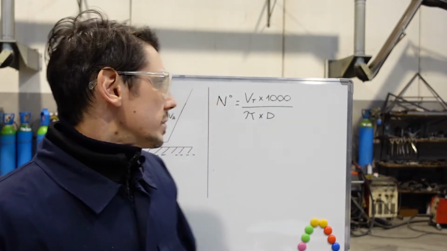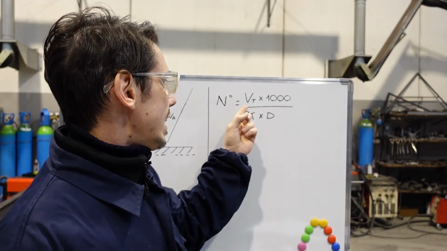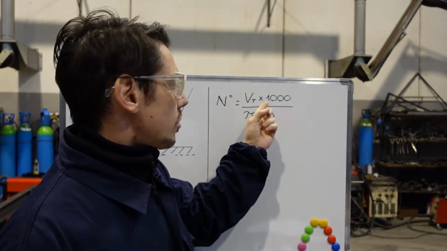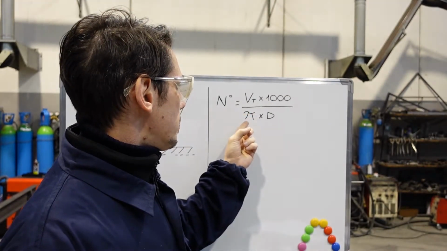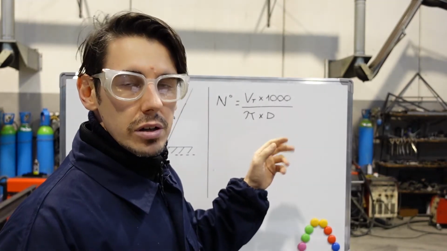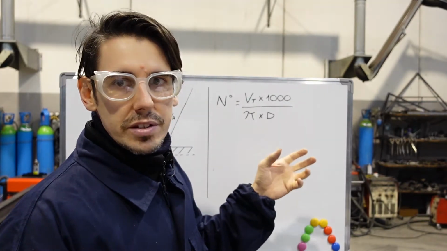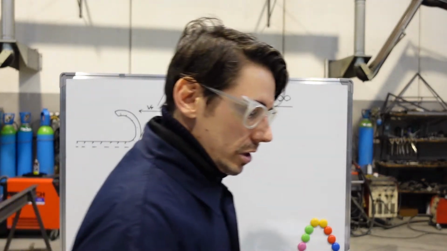The formula says the revolutions per minute is equal to cutting speed times 1,000, all divided by pi times the diameter of the drill or the piece that turns. So let's make an example.